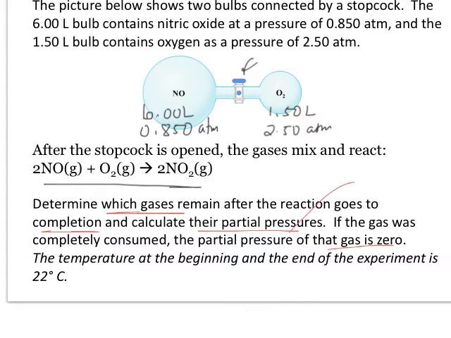So when you find your limiting reagent, you already know that at the end of the reaction, its partial pressure will be 0. The temperature at the beginning and the end of the experiment is constant, 22 degrees Celsius. Now, there might be different ways to work this problem, but I am going to give you how I work the problem.